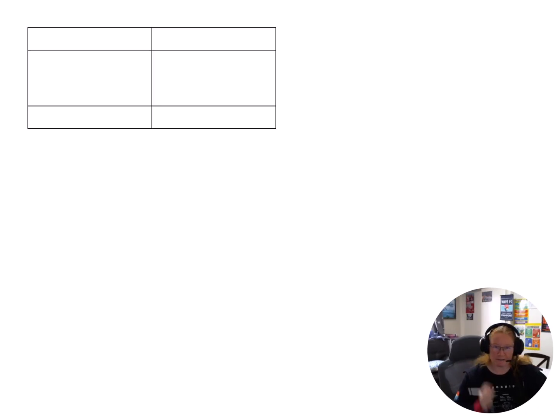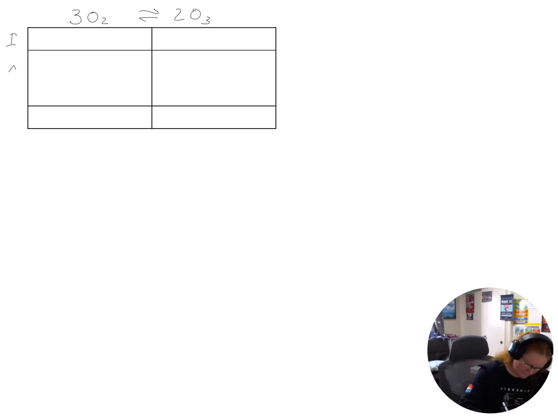All right, so let's take a look here. So we have our oxygen and our ozone. 0.211 minus 3x plus 2x, 0.211 minus 3x, and 2x.